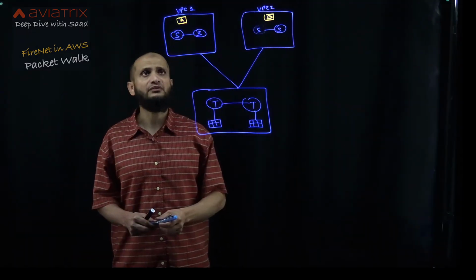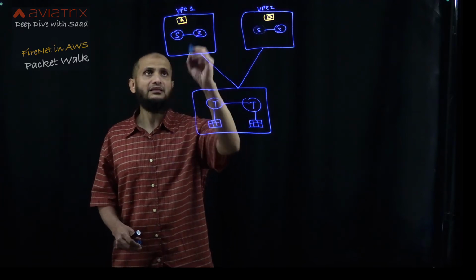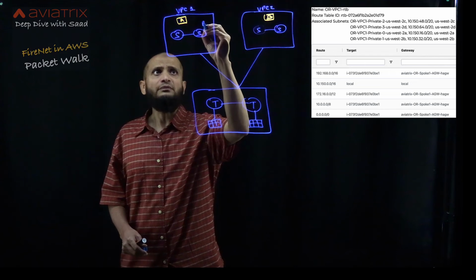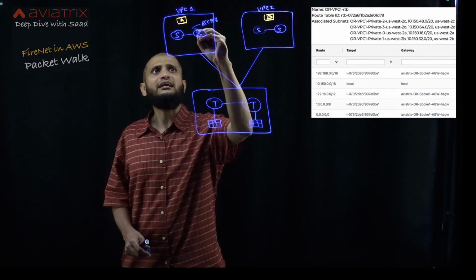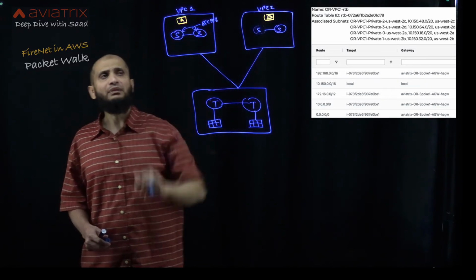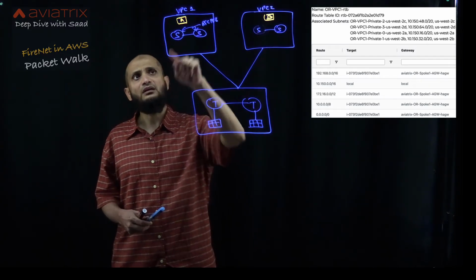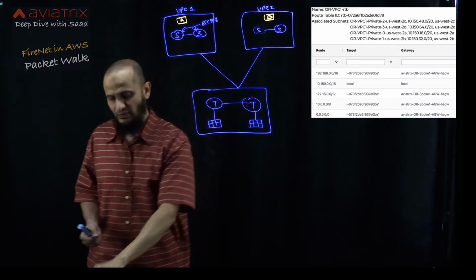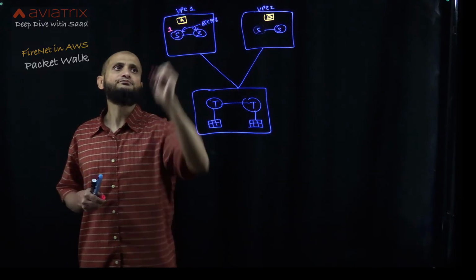As a part of the Aviatrix control plane, the Aviatrix controller actually creates the RFC 1918 summary routes in all the VPCs and then points towards the Aviatrix gateways. So now when application A wants to communicate with application B, it sends the traffic over to the Aviatrix spoke gateways. So that becomes your step number 1.